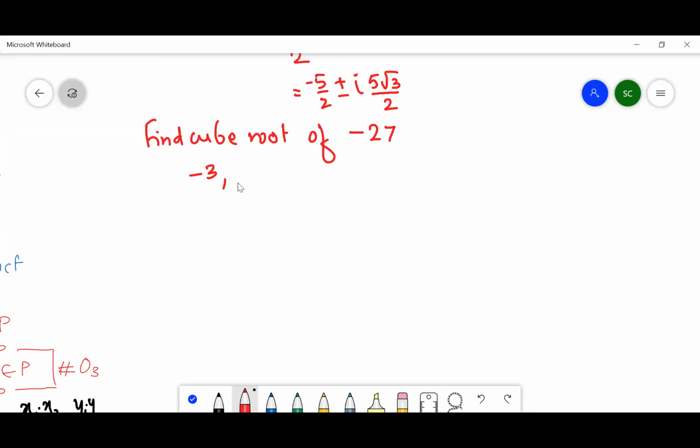Minus 3, comma, 3 by 2 plus 3 root 3 by 2 i, and minus.